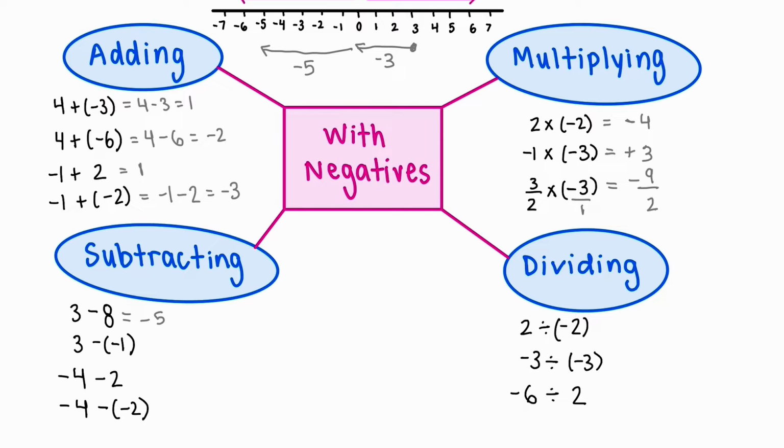You could also think of this as what's the difference between 8 and 3, right? So 8 minus 3 gives us the difference of 5. And should our sign be positive or negative? Well, it should be negative because 8 is the bigger number and 8 is negative. Okay, for the next one, we have 3 minus negative 1.